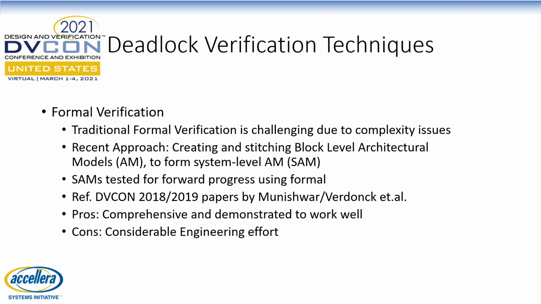However, some recent approaches show that we could create some block level architectural models which are pretty lightweight, and then we could combine those block level architectural models to form a system level architectural model, and then apply formal techniques on the system level architectural model to vet for forward progress. If you're interested, there have been several papers published on this topic in 2018-19 DVCon, and the references to those have been provided in the paper.